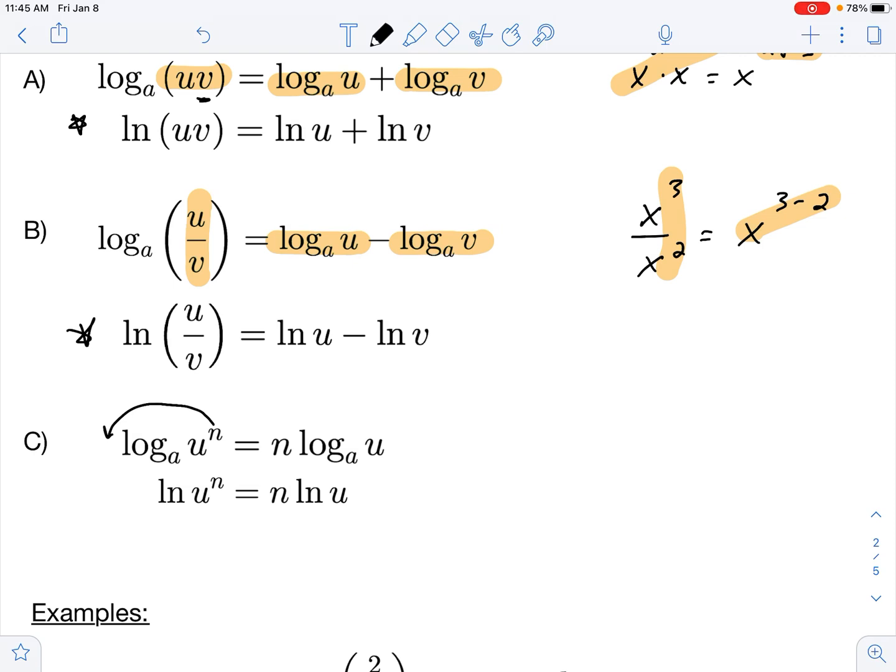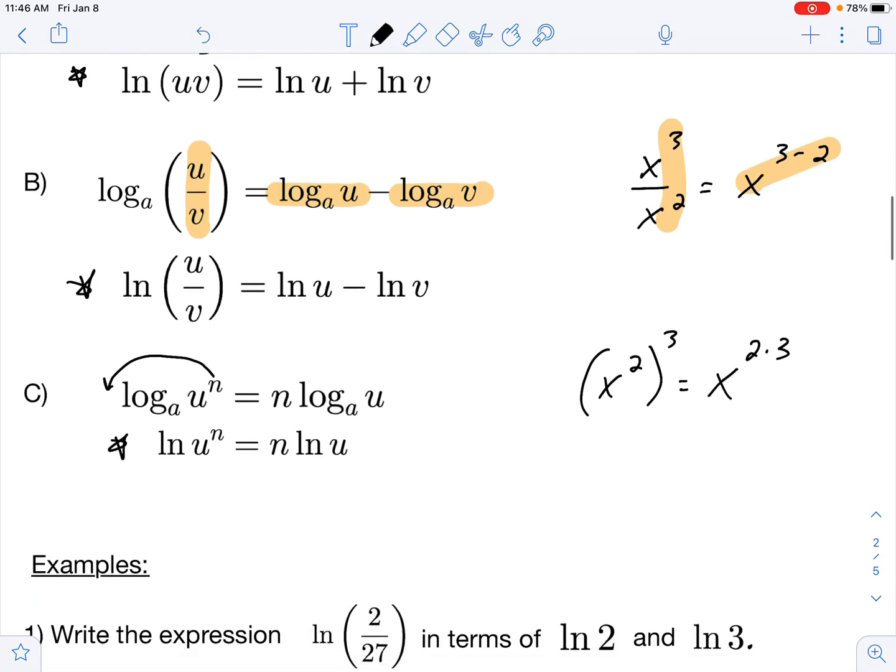And remember, with properties of exponents, if you have an exponent being raised to another exponent, what do you do? You multiply that. So you can see how they're all related to the properties of exponents, because again, a logarithm is just an exponent. And of course, this property holds true: ln of u raised to the n is equal to n times ln of u.